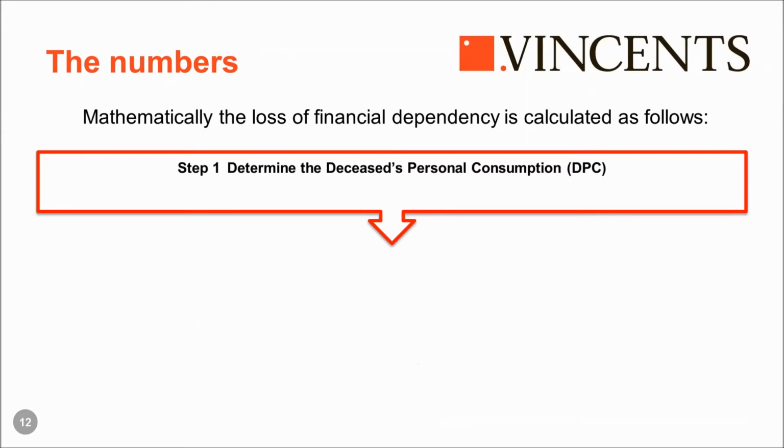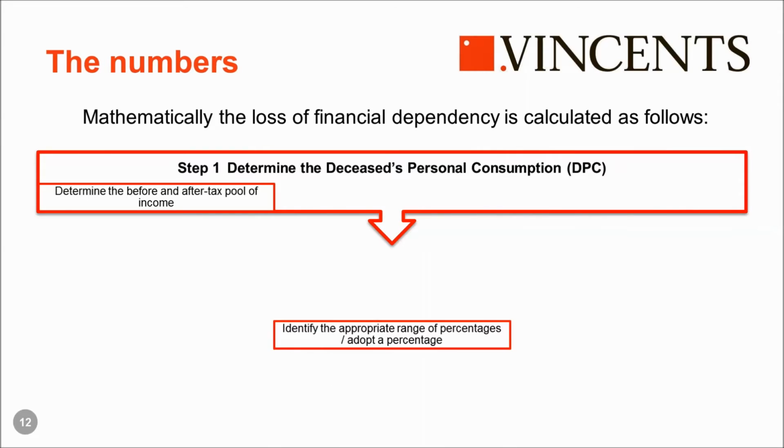So what I'll do now is I'll just explain the mathematical formula of how you do it. The first part is obviously to determine the deceased's personal consumption. What you then do is you determine the before and after tax pool of income, such that you take account of taxation.